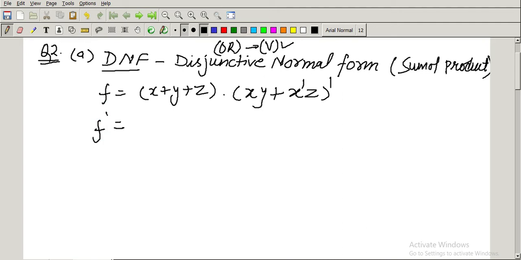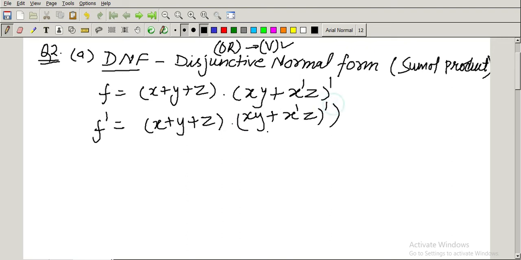So complemented: x plus y plus z, dot, xy plus x complement z, complement, and then the whole complement.